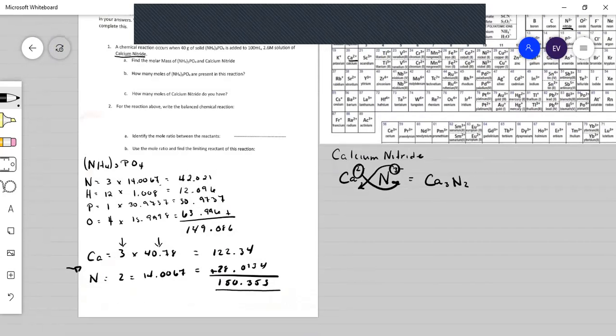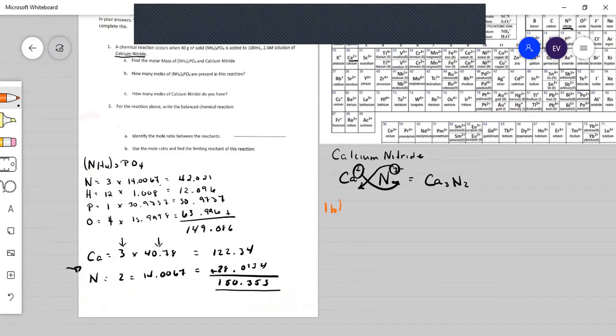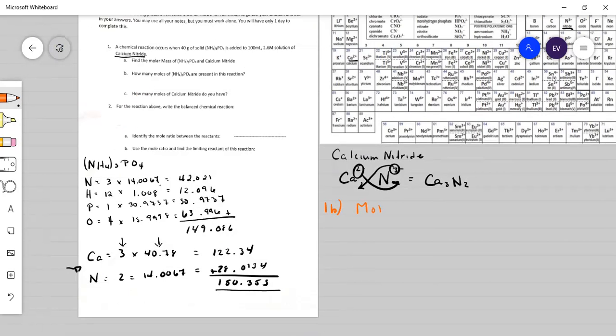This is question 1B, moles. We're going to do a mole conversion, and we're going to use this as the conversion factor. We want to know about ammonium phosphate. According to this, we have 40 grams of solid ammonium phosphate, and we need to convert that to moles.